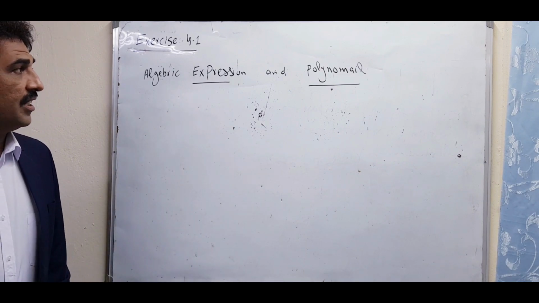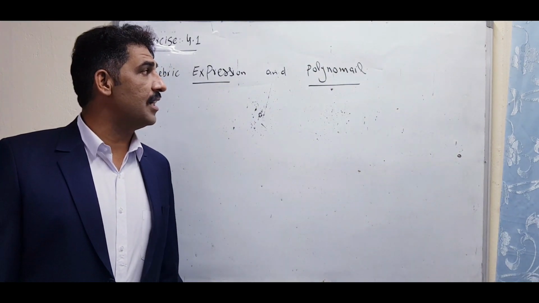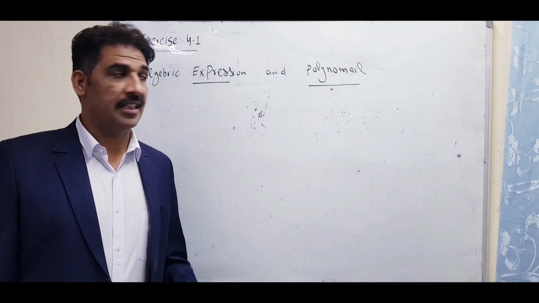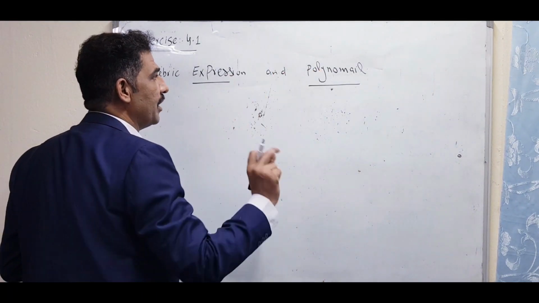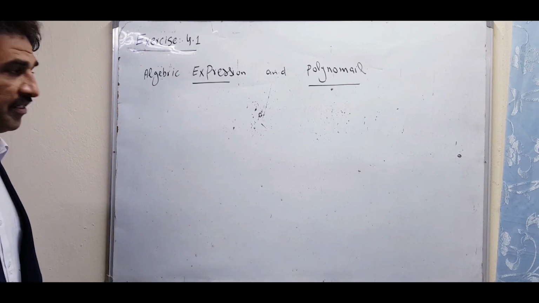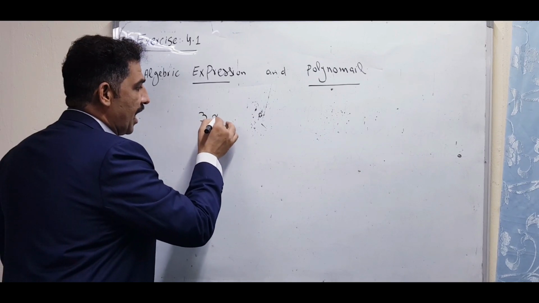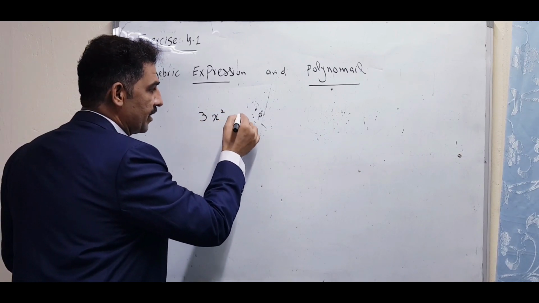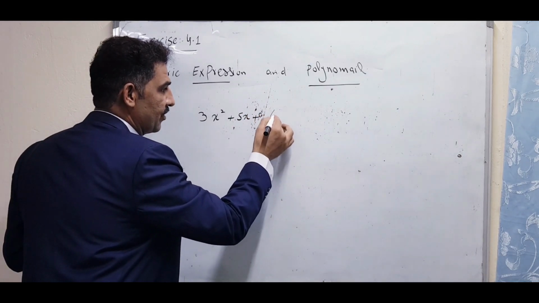If the degree of the variable is a positive integer, then it is called a polynomial. If not a positive integer, then it is called an expression. I can give you one example, like 3x square plus 5x plus 6.